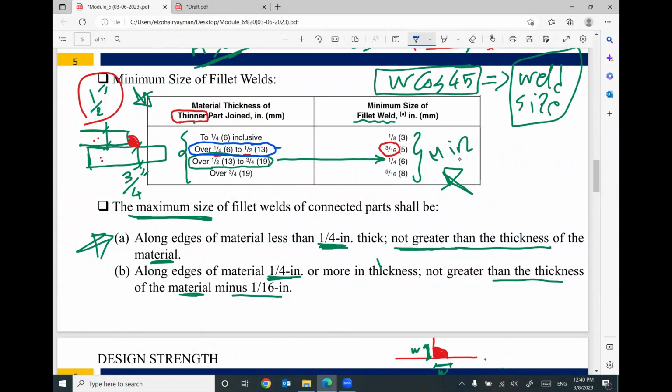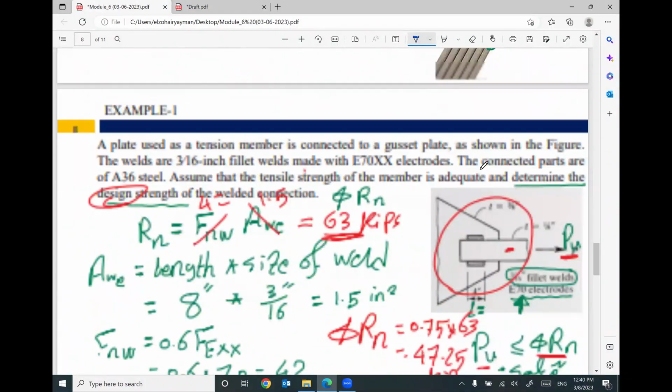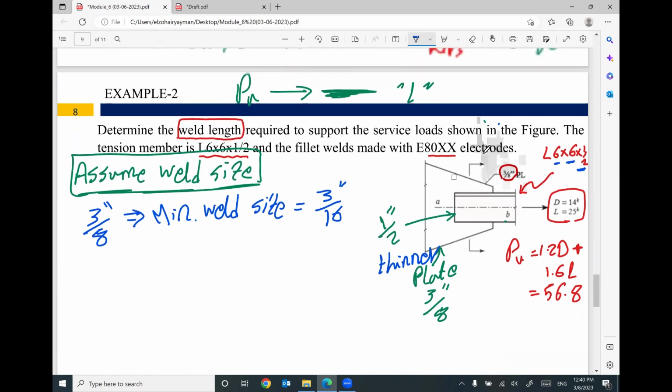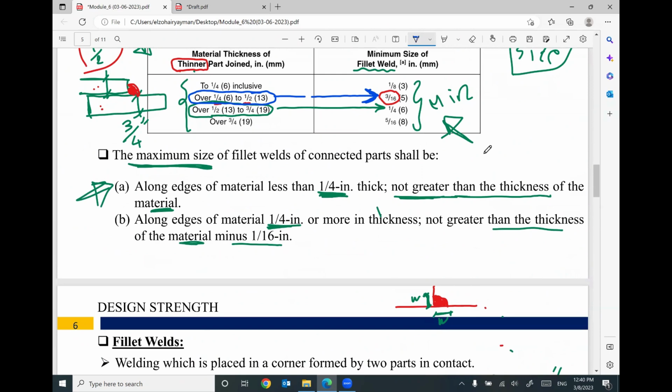So the minimum weld size can be assumed 3/16. If you assume 4/16, that's fine. 5/16, that's fine. 6/16, 8/16, all of them are fine. But make sure you don't assume something bigger than the maximum size. To avoid this problem, go ahead and use the minimum.